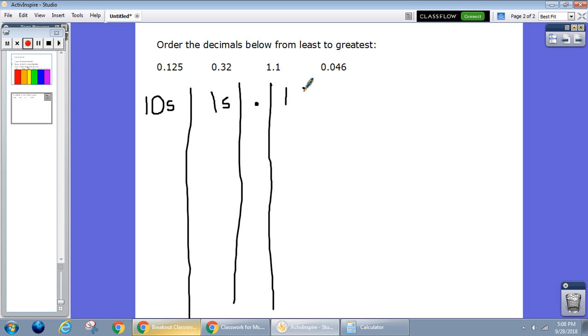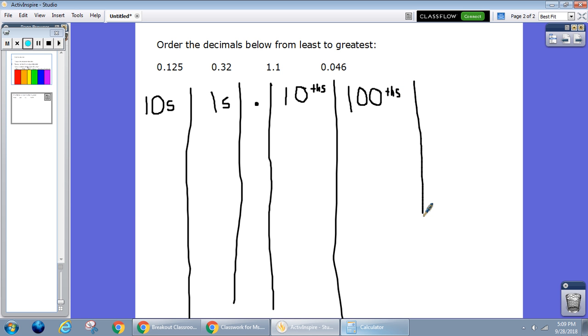Tenths, hundredths. Wow, that is not beautiful. And then finally you have thousandths.